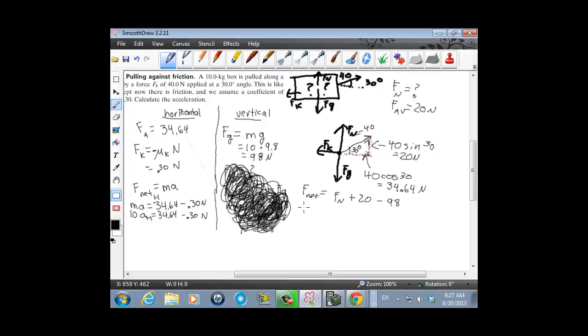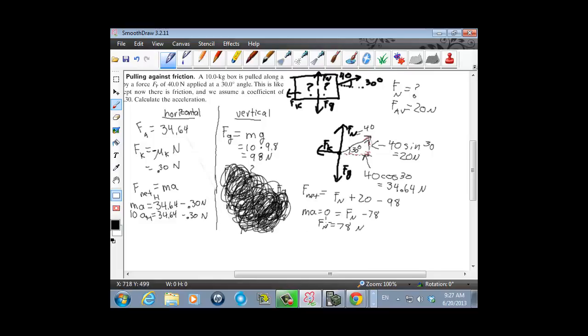It still is true, that part was not wrong, that our net force is still ma, which is 0. And 0 equals Fn plus 20 minus 98, which is negative 78? Yes. Okay, so Fn equals 78 newtons.